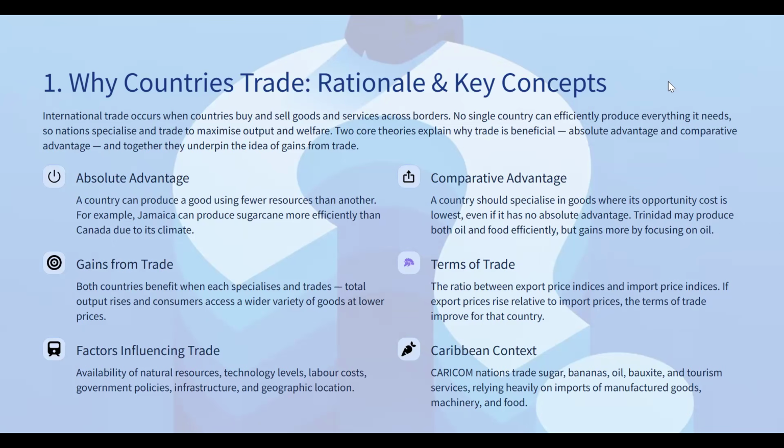Location. You might typically trade with somebody closer to you. If you have a large amount of agriculture as your natural resource, you'll probably trade that. In Trinidad, we have a large amount of oil, so we will trade oil, and so on and so forth.